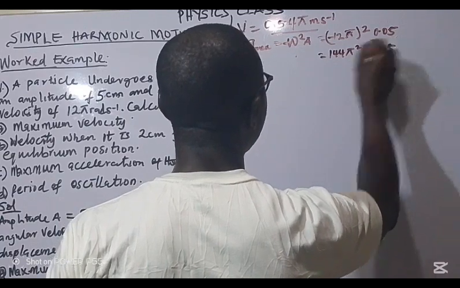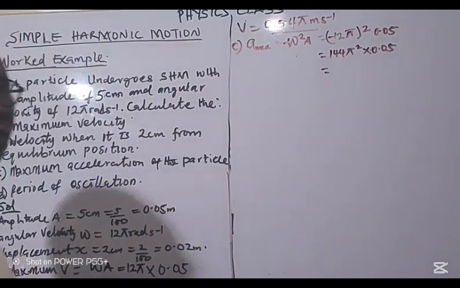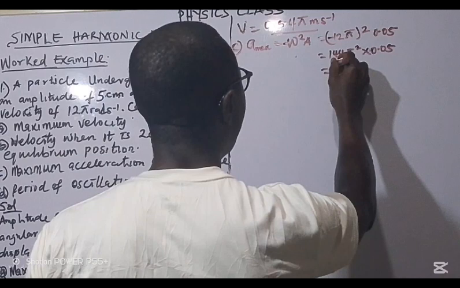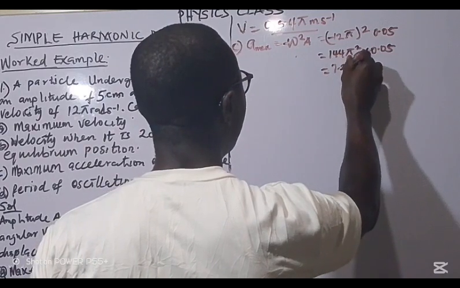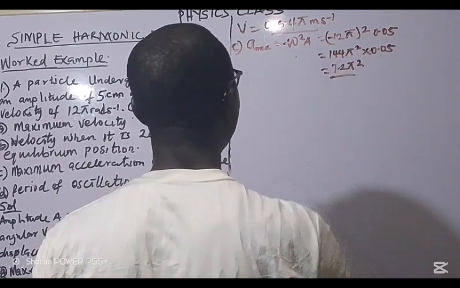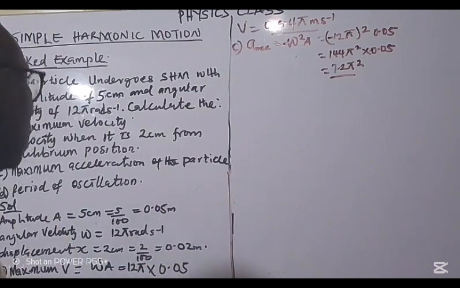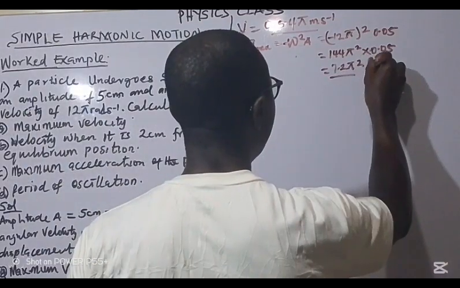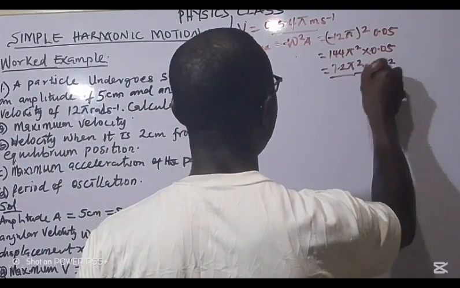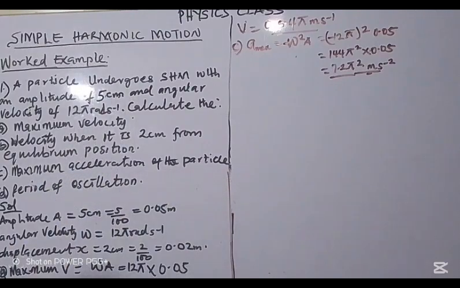The final answer will be 7.2 pi squared meter per second squared. That is for question C under A.